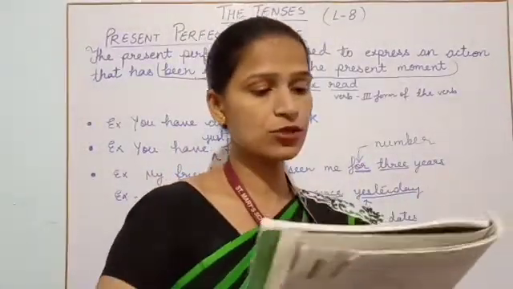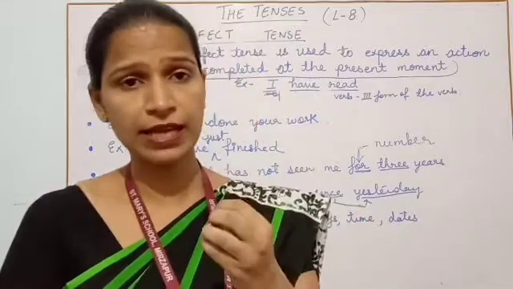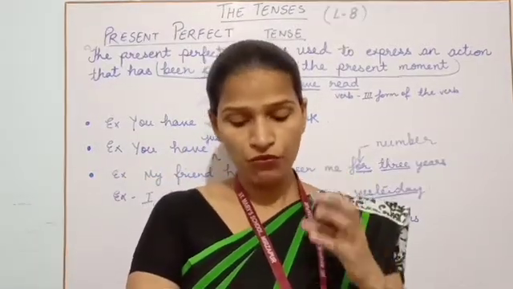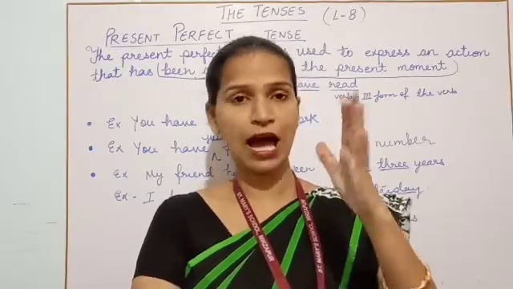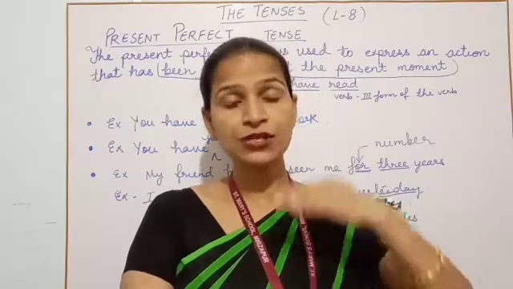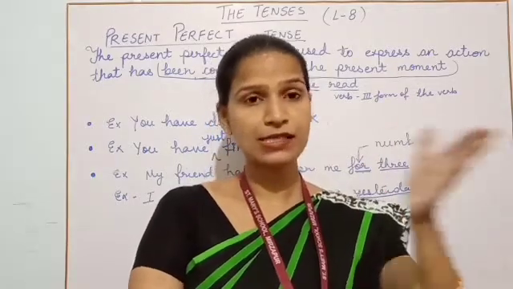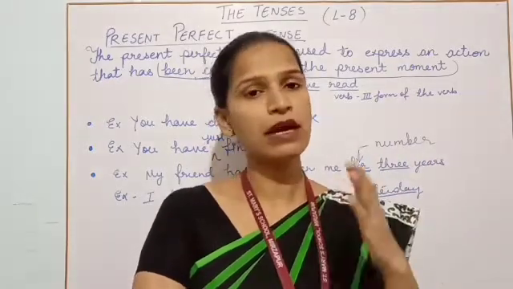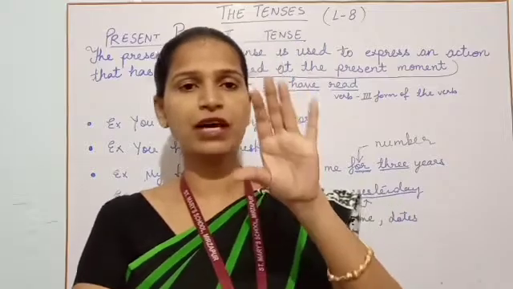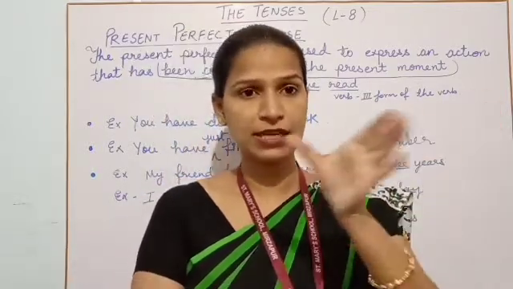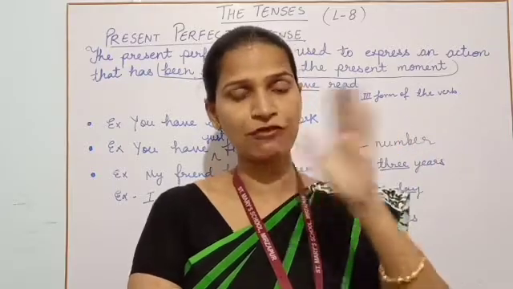We also use present perfect tense for certain things which are not there in the book, but I will be explaining to you. We use it to describe an action that is repeated between past and present many times. You have done the same action many times in the past and present. Between that duration, you have repeated the action.